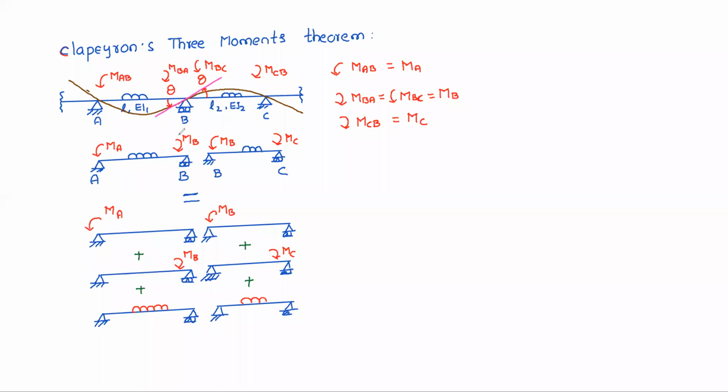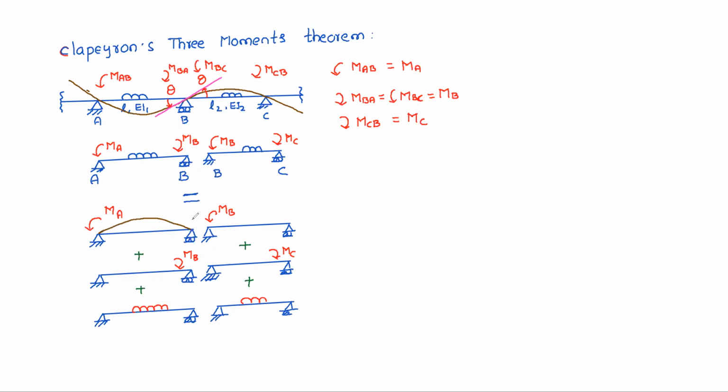Now, what will be the displacement field for this? We will find. See, if you apply anti-clockwise couple MA here, obviously the beam takes this kind of shape.